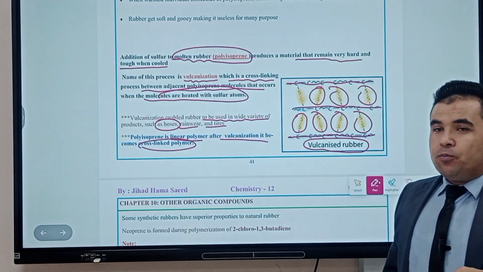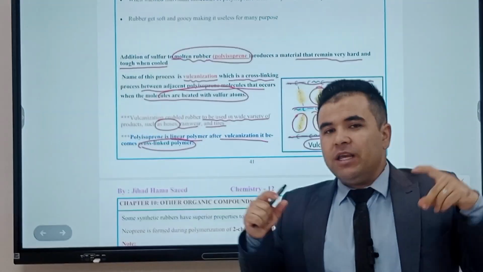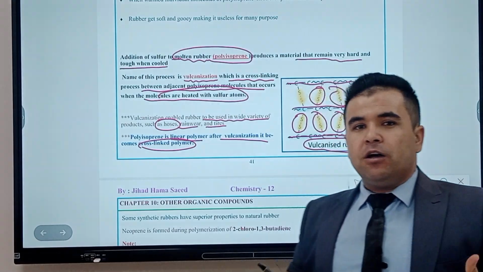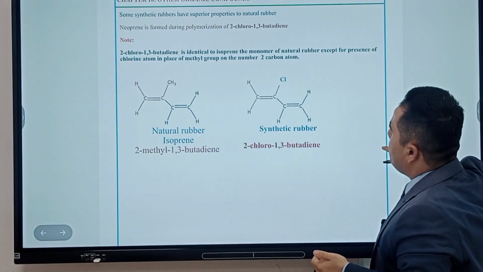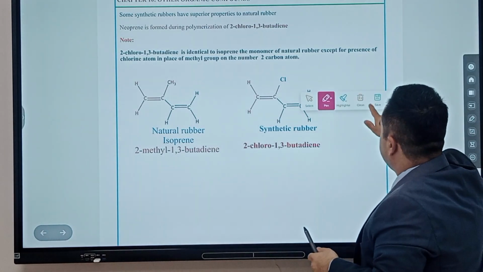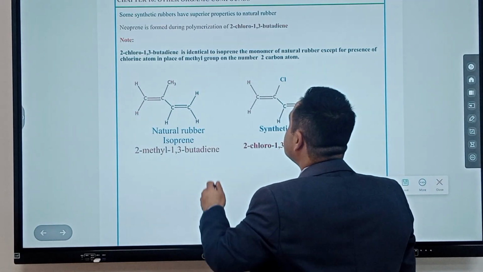Guys, the polyisoprene we talked about is a linear polymer, but when it undergoes vulcanization, it becomes a cross-linked polymer, tough and stronger to be used for many industrial applications. Here we have some synthetic rubbers.